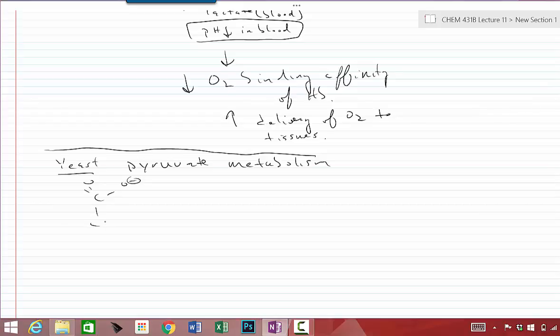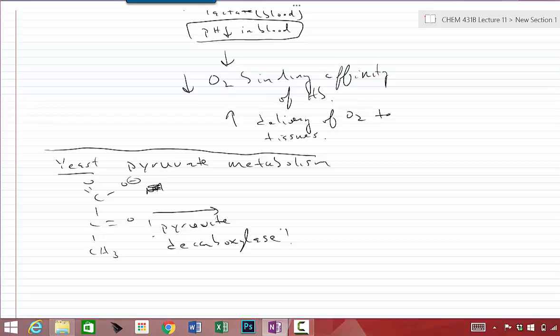Okay. So in yeast, again, I'll draw pyruvate. And then we have an enzyme known as pyruvate decarboxylase. And what this will do, it doesn't react with NAD or anything like that.